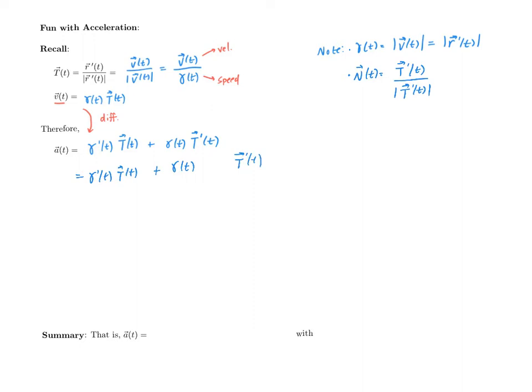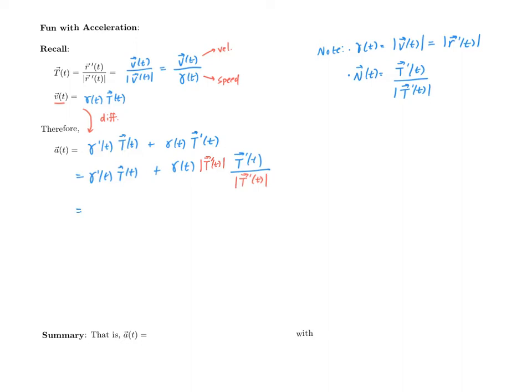Somehow I want to get that unit normal to come into the picture. And if I want this to be the unit normal, I need to divide t prime by its magnitude. But remember, I can't just multiply by this scalar for free. We have to balance it, in a sense. So we'll go ahead and throw that in the top as well.